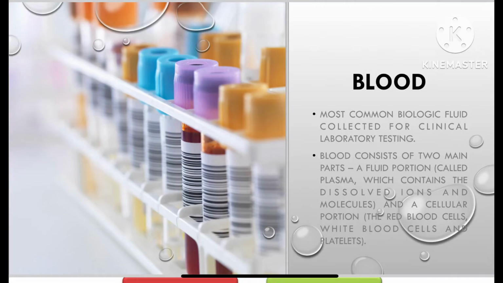For blood class, it consists of two main parts. The fluid portion, which we call the plasma, if it's an anticoagulated blood, while the other portion is called the serum for coagulated blood. And then aside from the plasma or serum, there is the cellular portion where you can see the red blood cells, the white blood cells, and even the platelets.